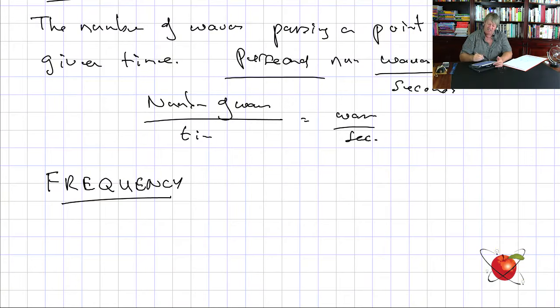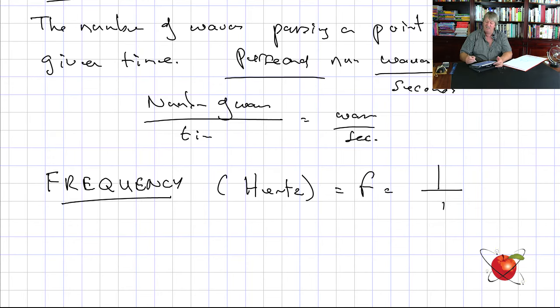The hertz is a measure of frequency, and in fact, your frequency F is 1 over time, which is your period. Okay? It's 1 over your period. So, what does frequency mean?